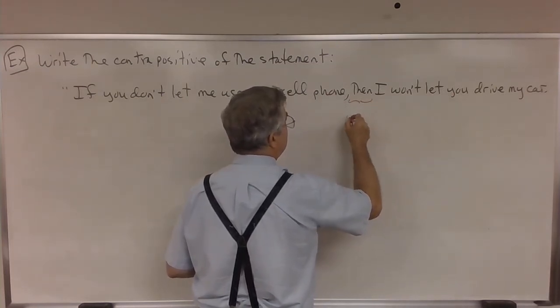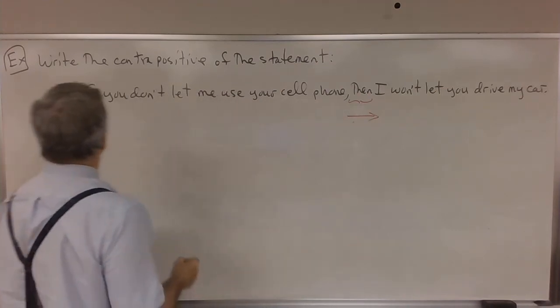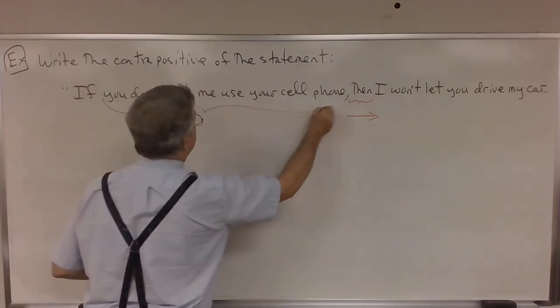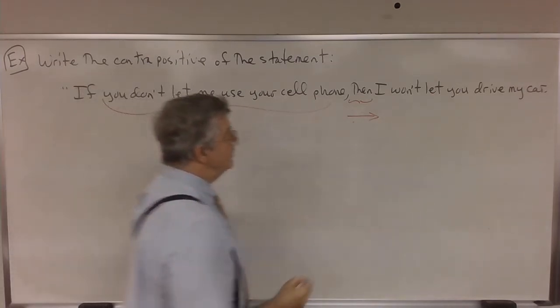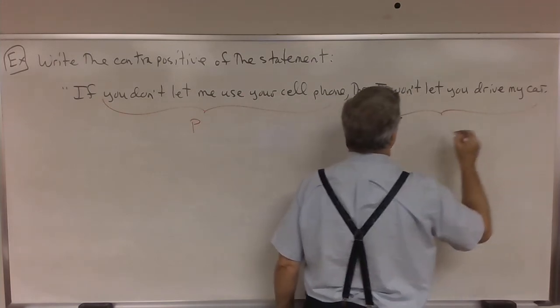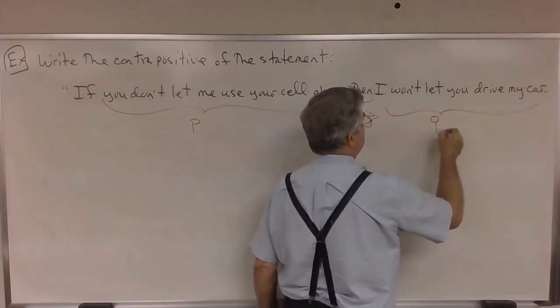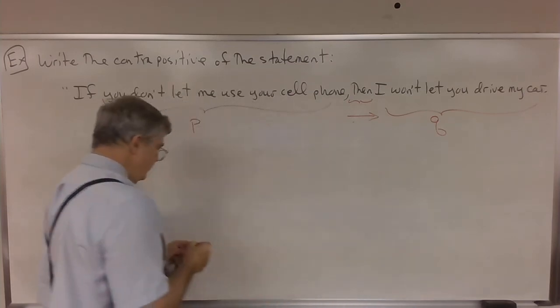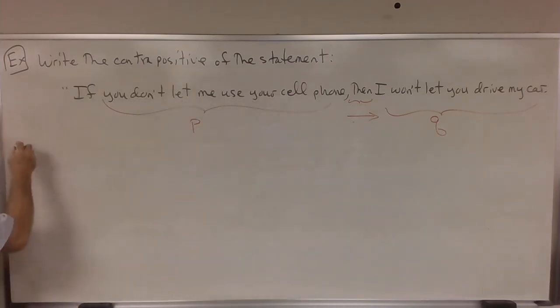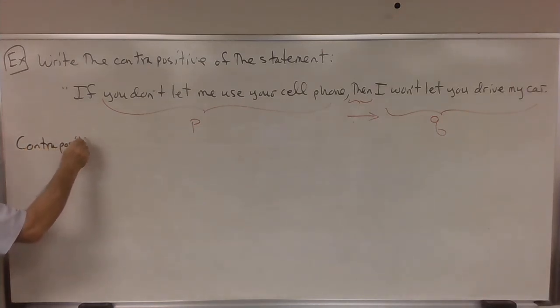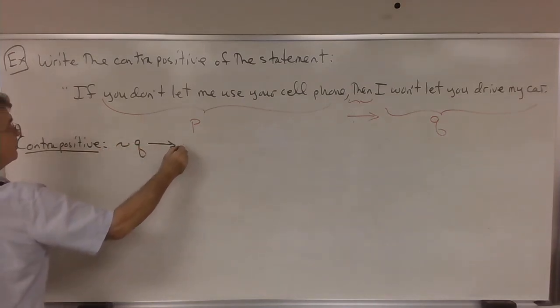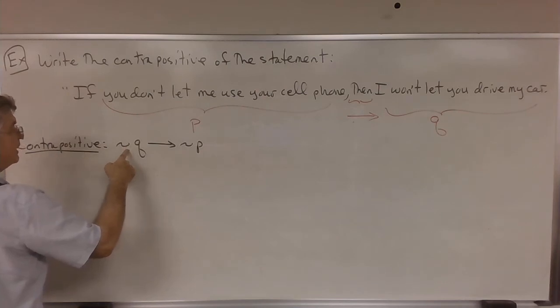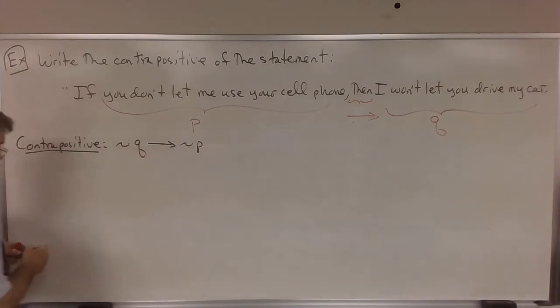So, if you don't let me use your cell phone, that's P. Then I won't let you drive my car, that's Q. And the contrapositive is going to be not Q implies not P, or if not Q, then not P.